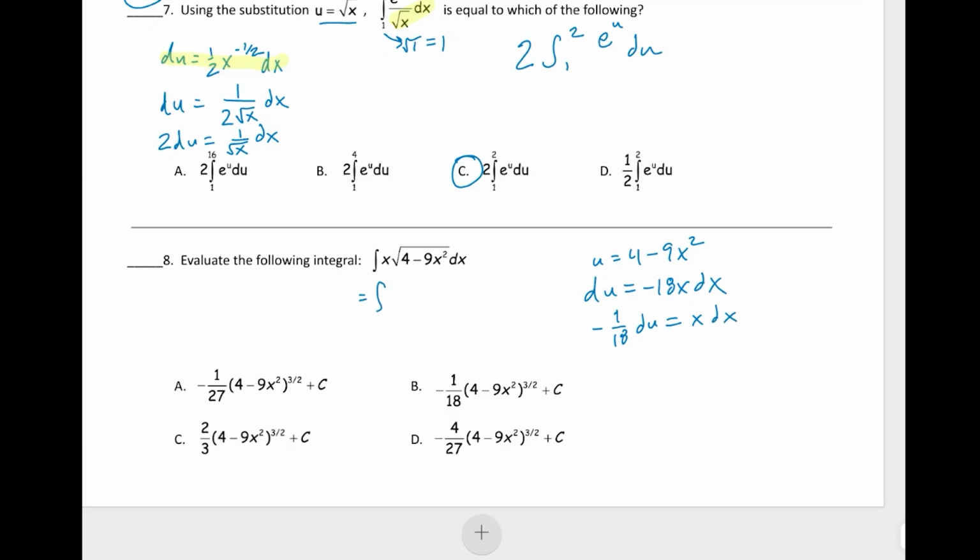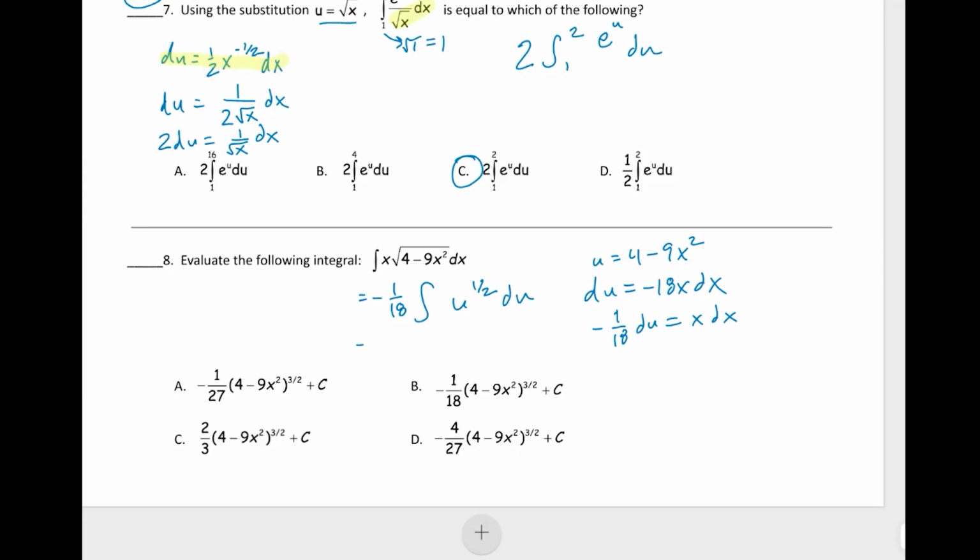So now I can rewrite this with that negative 1/18th coming out to the side: negative 1/18th of the integral of the square root of u, so we'll call it u to the 1/2 power, du.